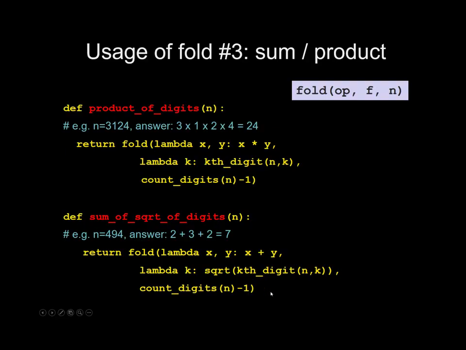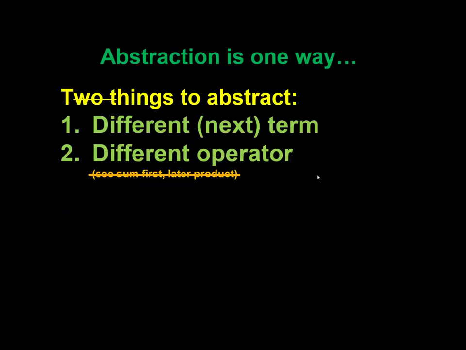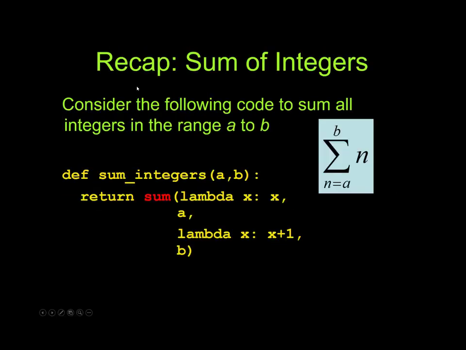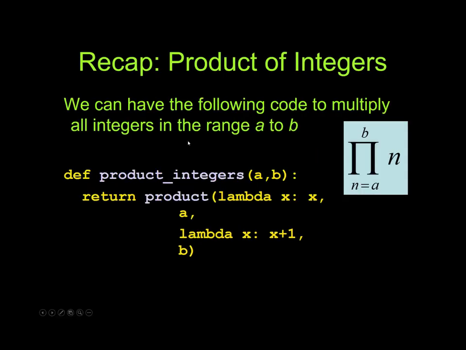Let's finish up all about for. By now, you should realize we could discover more patterns to be abstracted, as long as they can form patterns useful to many scenarios. Let's recap. Sum of integers can be expressed with higher order function, sum. Similarly, we would expect that the product of integers can be expressed in some higher order function called product.